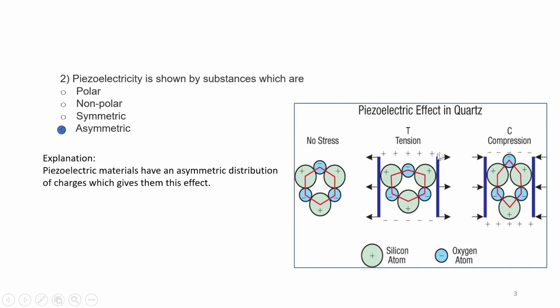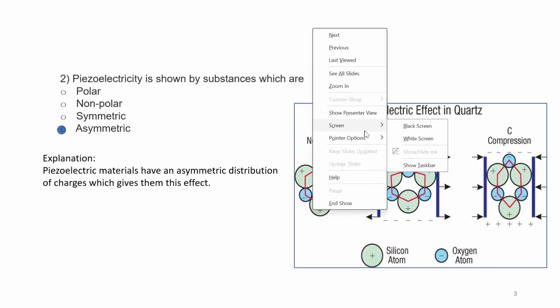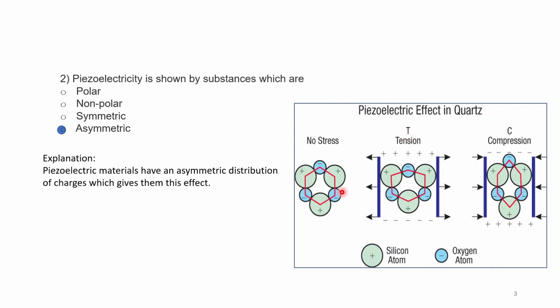For example, in case of quartz, you see this type of structure. So here your silicon atoms and oxygen atoms are distributed in this manner. So as you apply tension or compression type of forces, you'll see the distribution of charges will change, and in this case you can see two positive atoms are here.